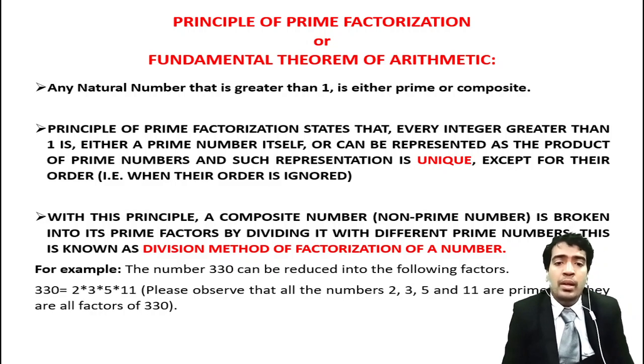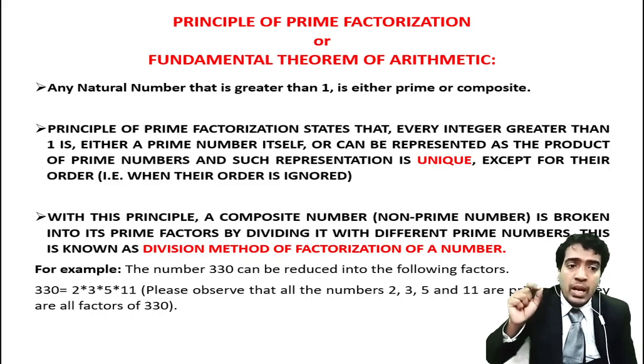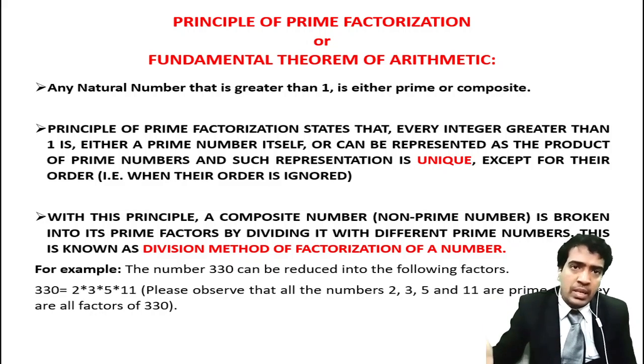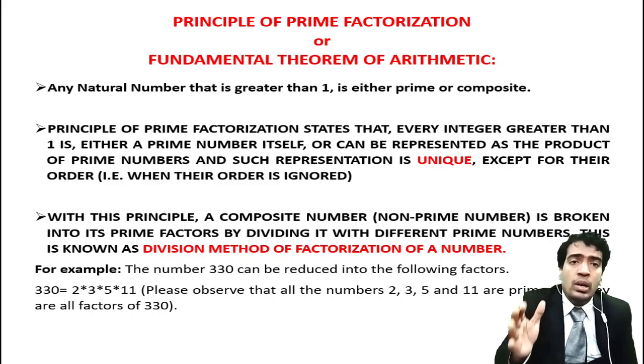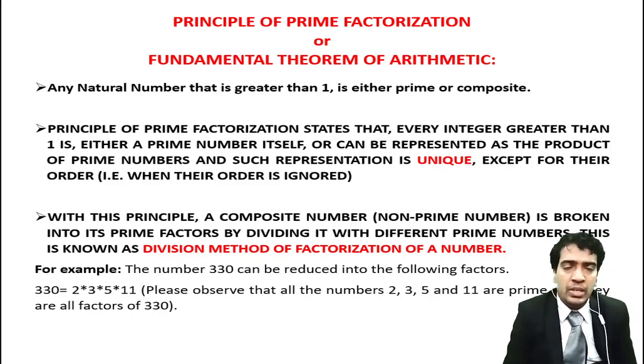Now, what does the principle of prime factorization state? It states that every integer greater than 1, please put emphasis on this phrase, is either a prime number itself or can be represented as the product of prime numbers, and such representation is unique if you ignore the order in which the factors are present in the prime factorization.